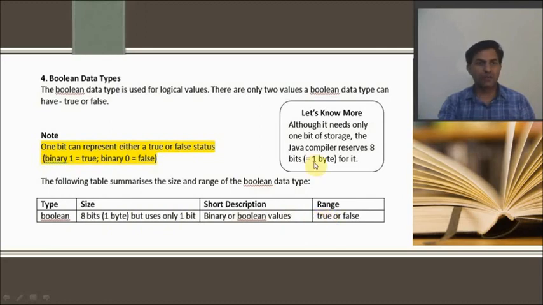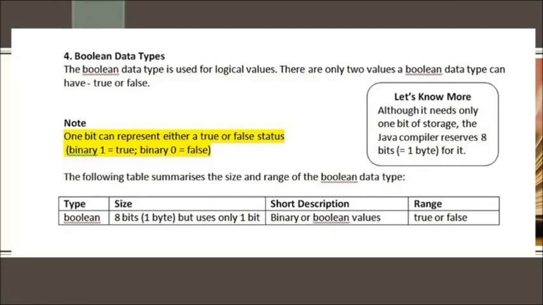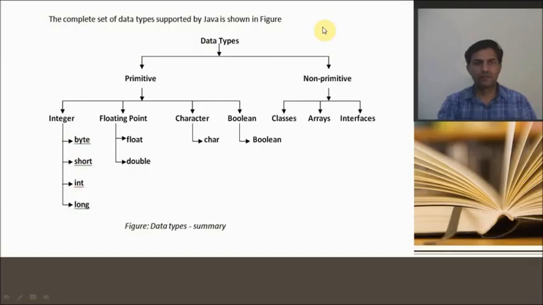So this is all about your Boolean data type. So today we have studied data types. In that we have studied primitive data types and non-primitive data types.